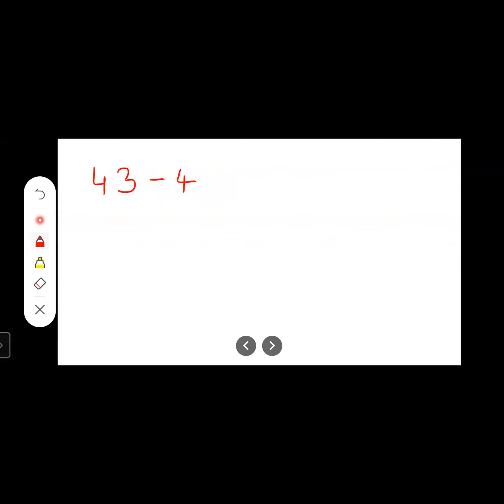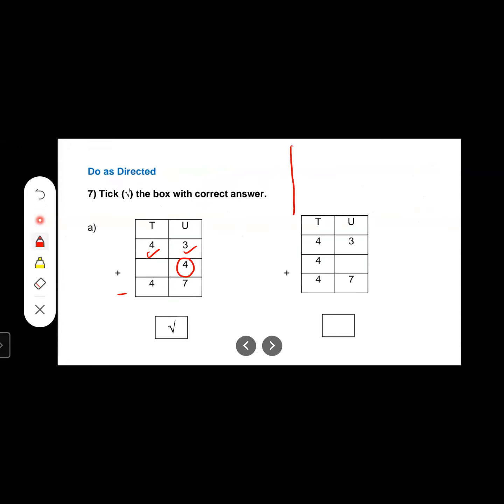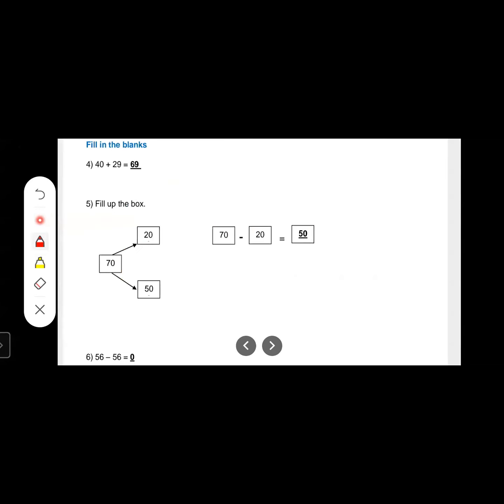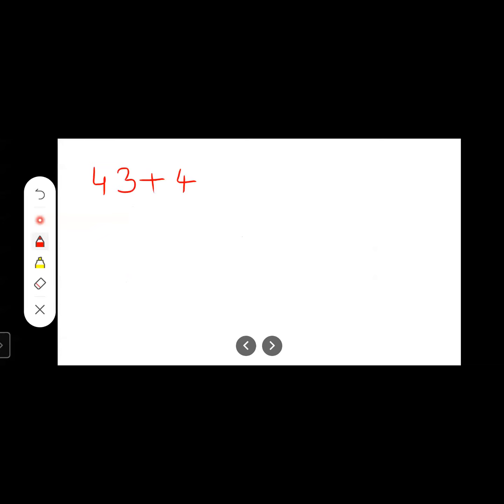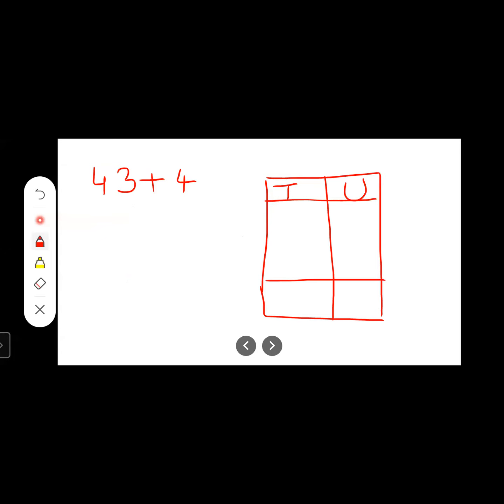So we have to now do the addition of this. Plus sign it is. Here in the question, plus sign is given, right? So now we will make the box. Tens and units we will write. T for tens, U for units. Then we have to arrange the numbers.